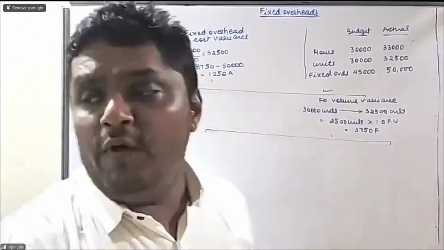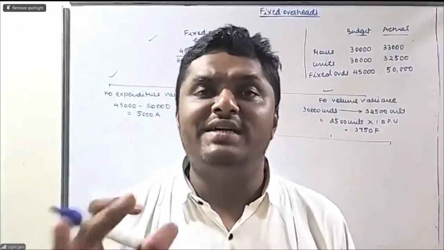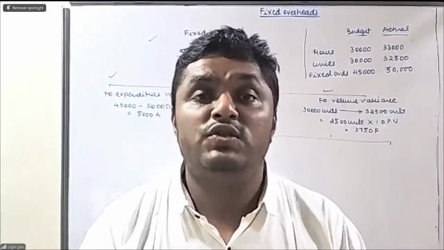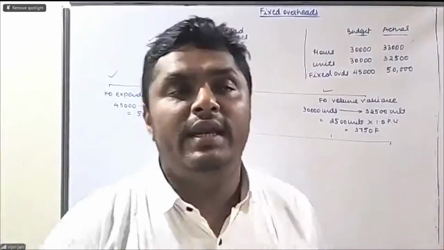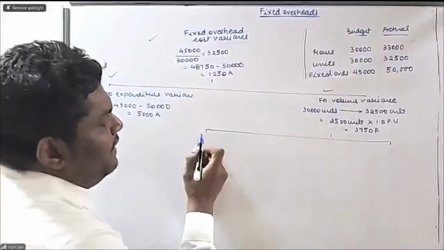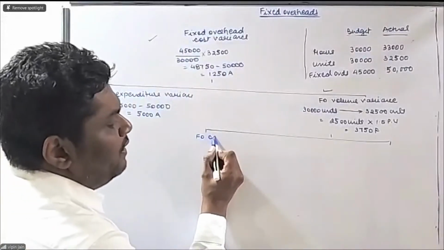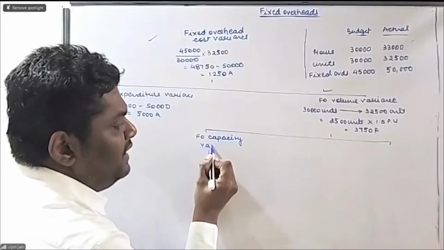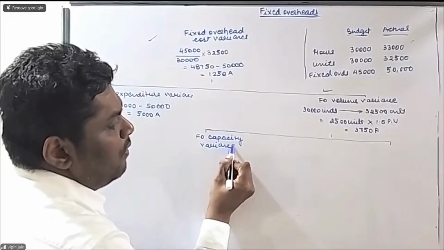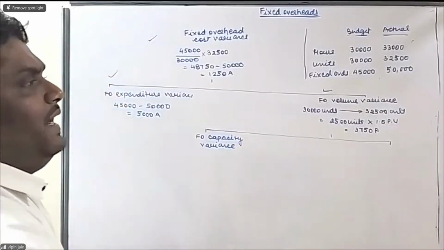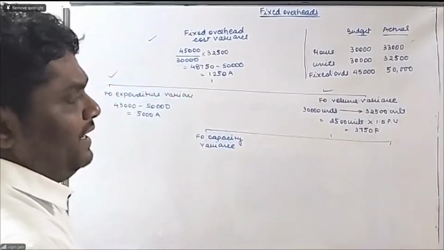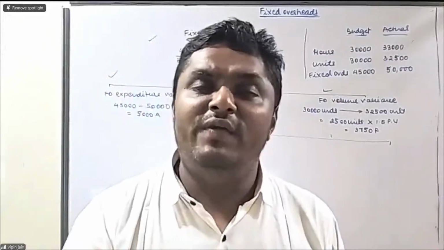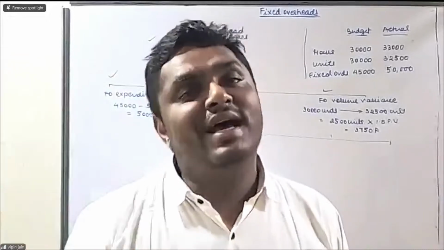Now, since no information is given in the question as regards the number of days, we won't be able to calculate calendar variance. So calendar variance will not be calculated. Directly we will calculate fixed overhead capacity variance. Since the days are not given, we will assume that the days are same.